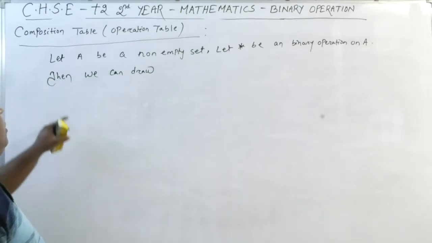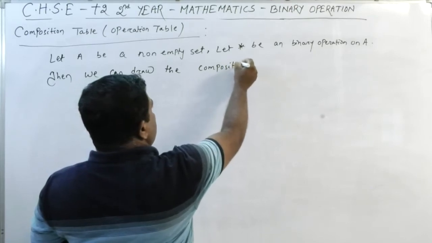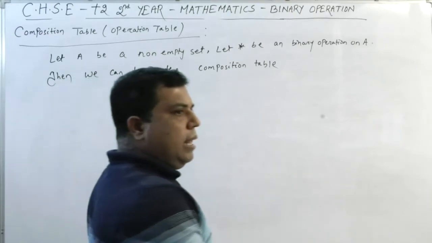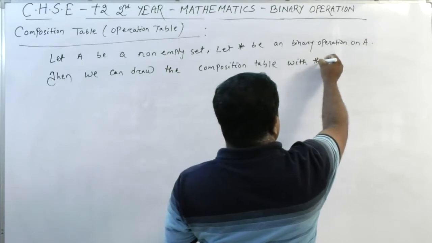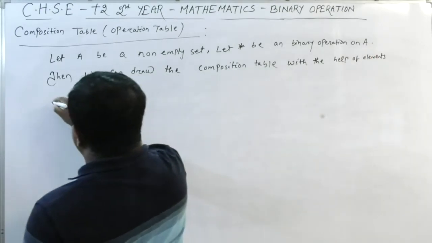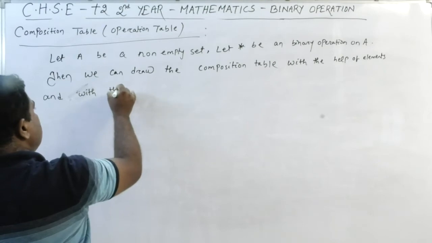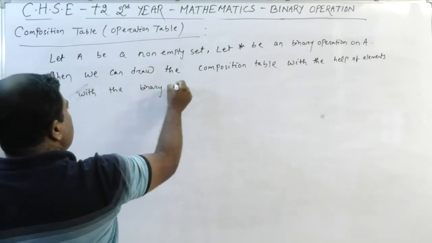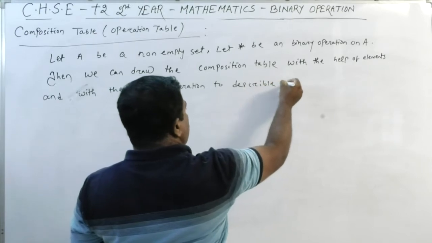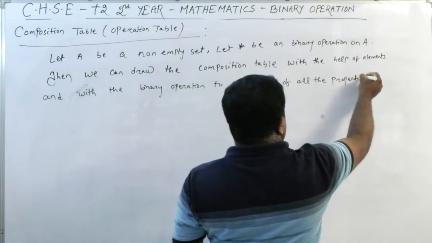So we can draw the composition table with the help of elements and with the given binary process to describe all the properties as follows.